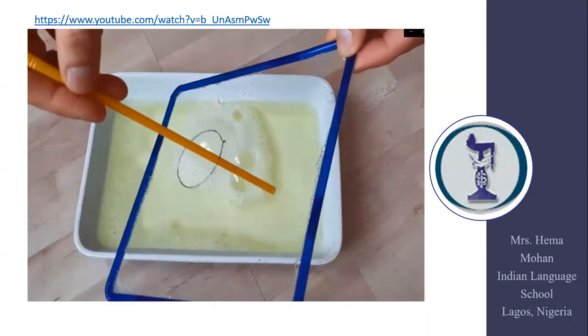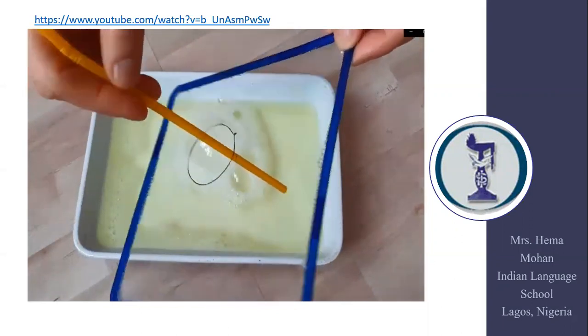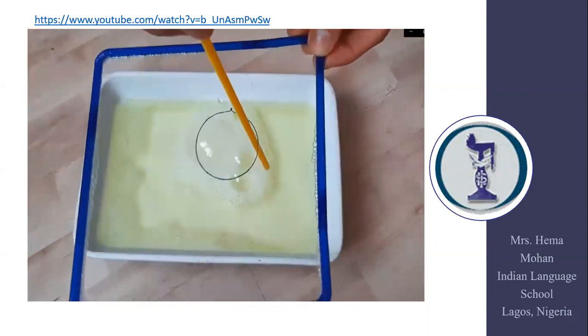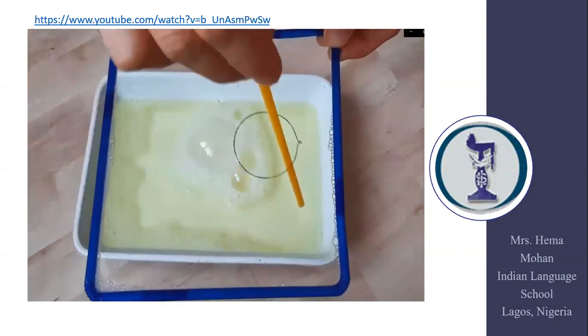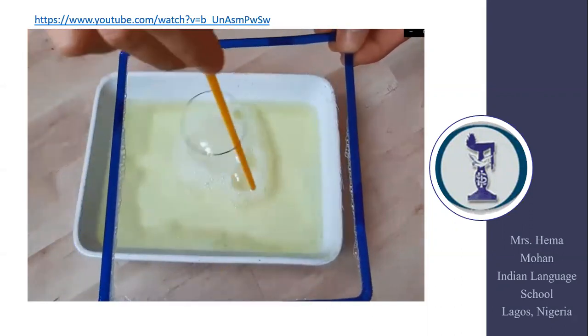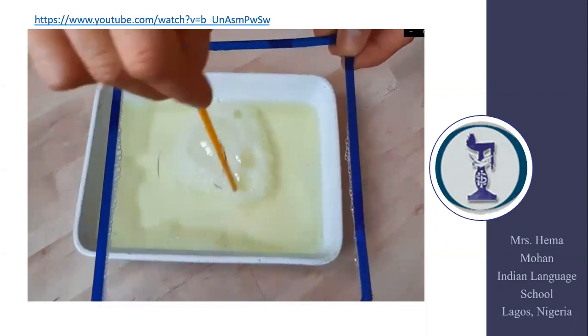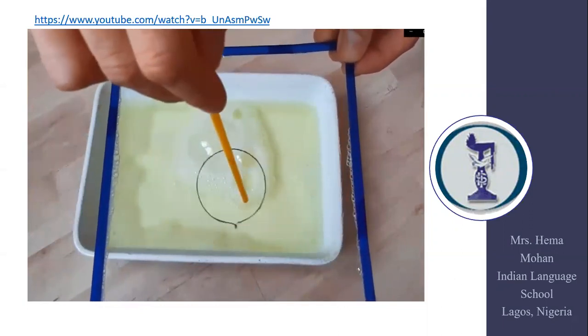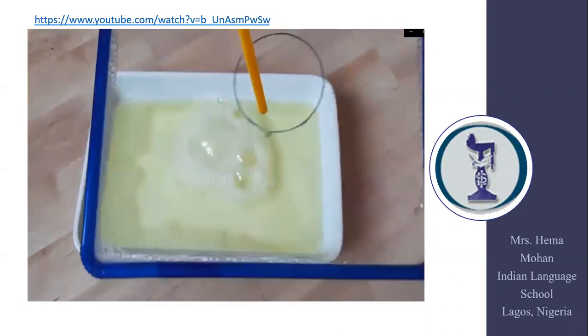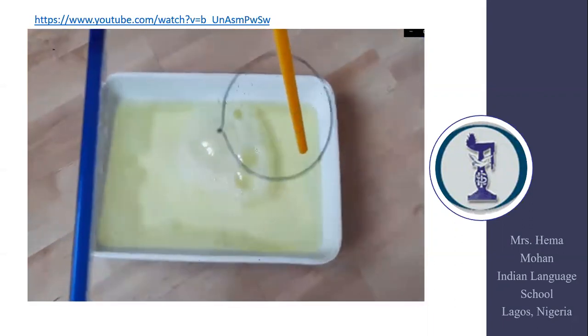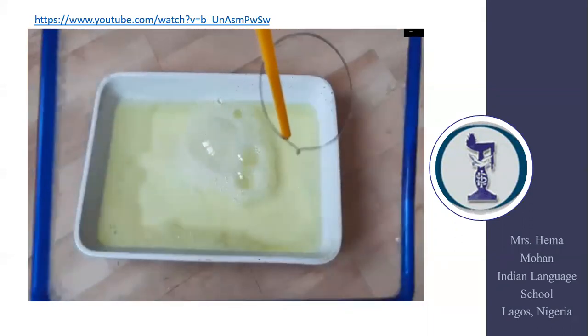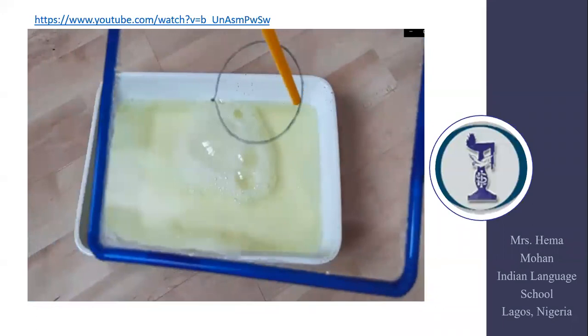You can see that immediately the irregular loop forms a regular circle. And this is because before the loop was punctured, there were balanced forces acting on any region of the liquid, the soap film layer. But the moment it is punctured, one part of the balanced force is cancelled off.